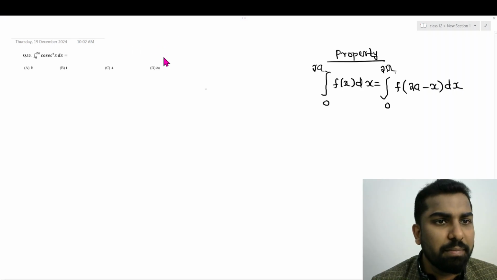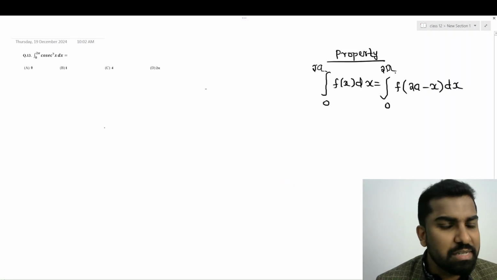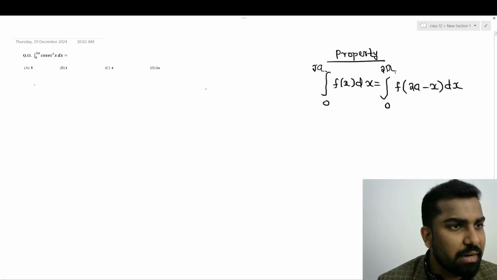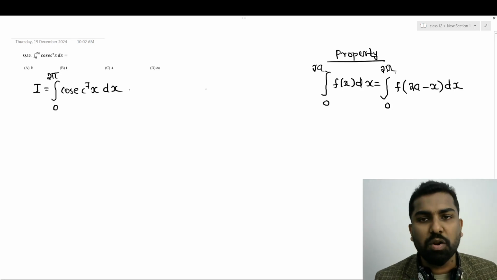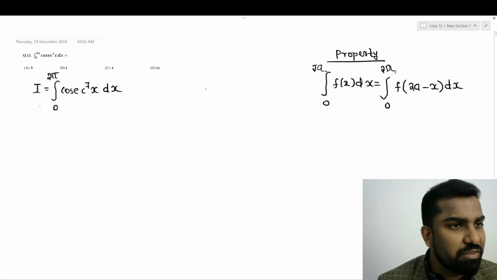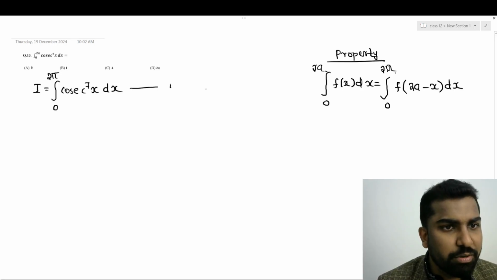That property, if I am applying in this question, this will change. Okay, so first let me write the given question as I equal to integral of 0 to 2 pi cosec power 7x dx. After applying this property, this function will change. I am just putting this as equation number 1.